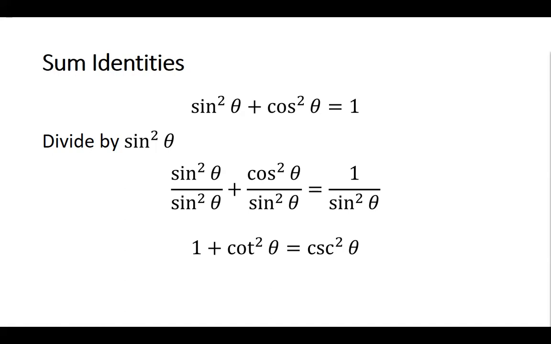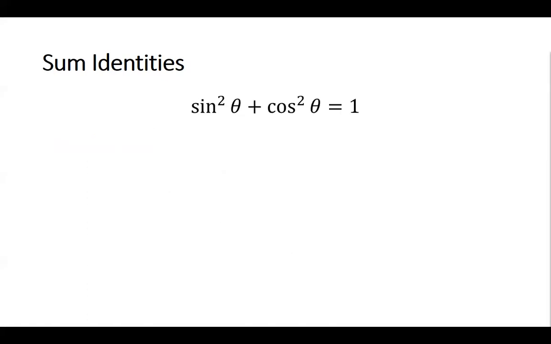So if we realize that, we can go, wait, cosine over sine is cotangent. So cosine squared over sine squared is cosine over sine, the quantity squared, which is cotangent squared. Same thing with the 1 over sine squared. 1 squared over sine squared is 1 over sine squared, or cosecant squared. But we can see how easily that came together.